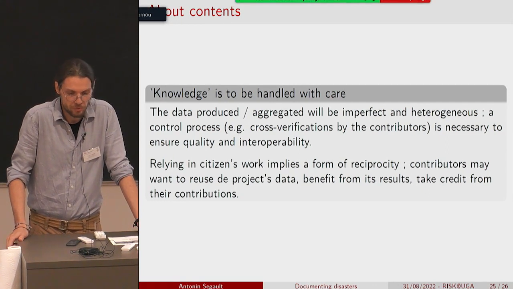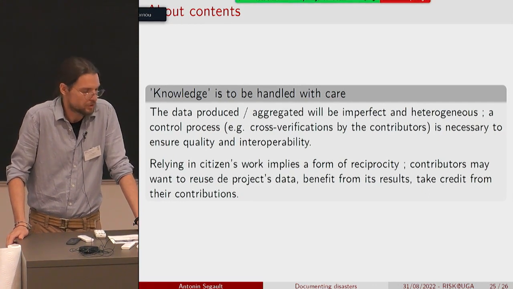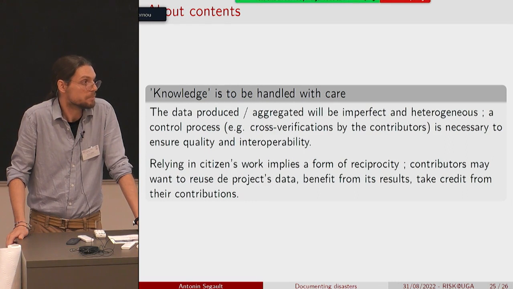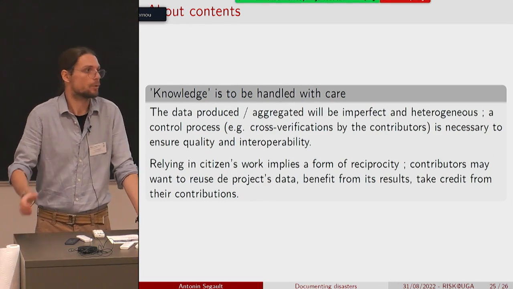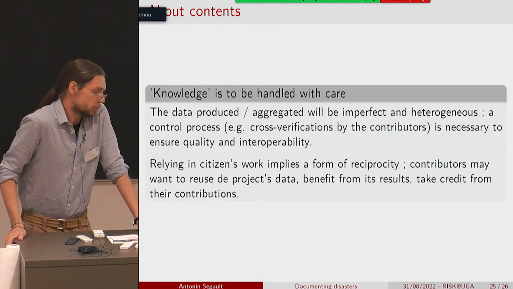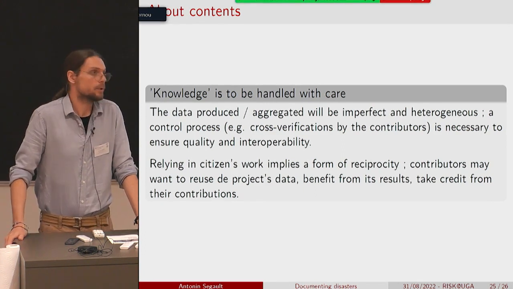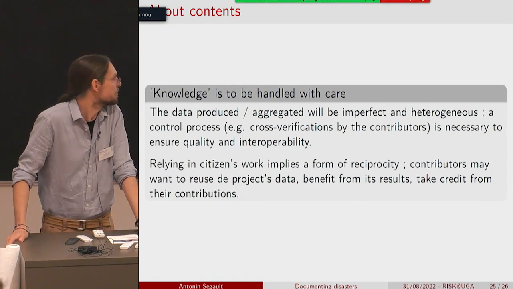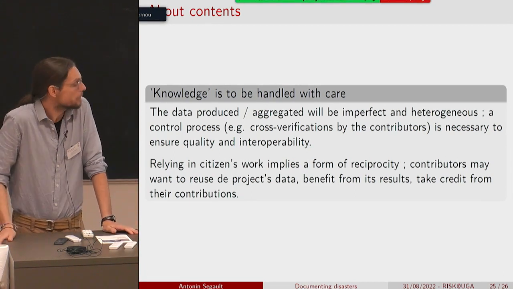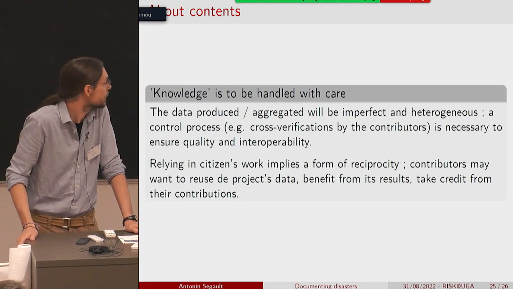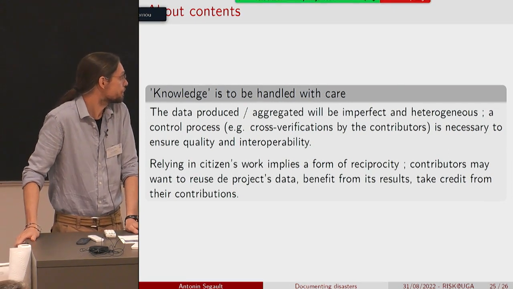Bad data is not always just fake news. It can be just mistakes. People make mistakes. People don't use the device the proper way or just type the wrong number. Or people can also willingly try to mess with your project. So you need to think about ways to verify information, ways to deal with the quality of information.